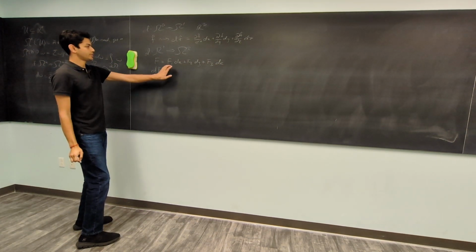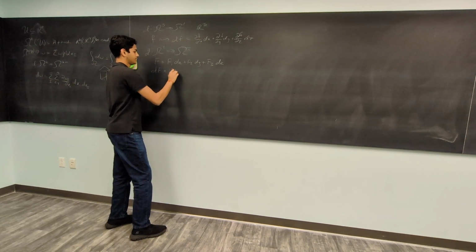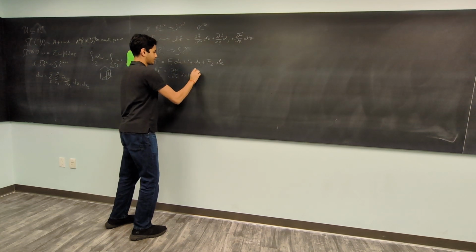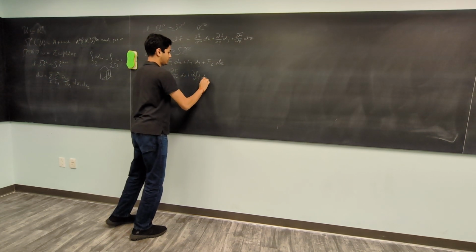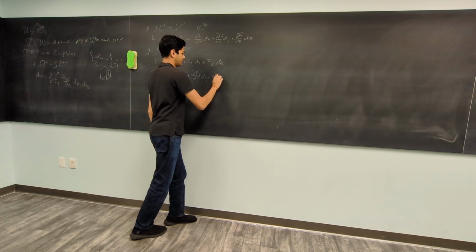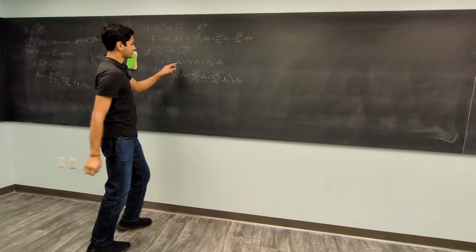The first thing we do is we take derivatives of this guy with respect to each of the different variables. So we have partial f1 partial x dx plus partial f1 partial y dy plus partial... by dx because you have a dx out here.